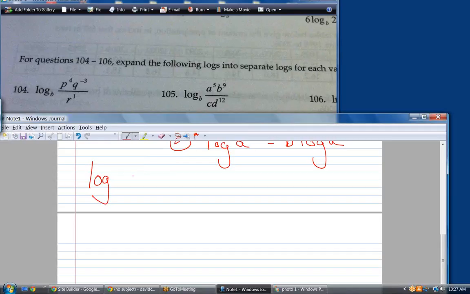Log sub b a to the 5th plus log sub b b to the 9th minus log sub b c plus log. Okay, that last one has to be a minus. Notice why it has to be a minus, because d is in the denominator.